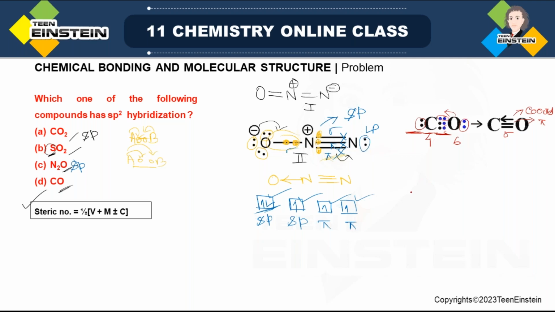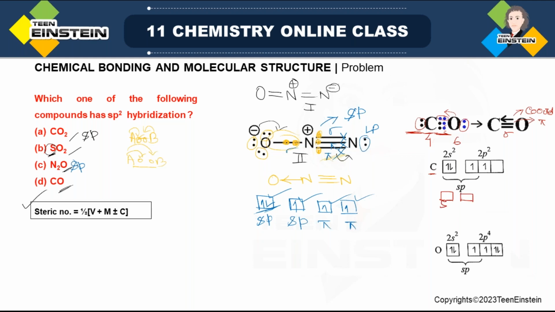Now if we want to know how the hybridization is taking place, then you can consider this diagram. Carbon, we know, has 4 valence electrons, 2s2, 2p2. But once sp hybridization takes place, this is one sp, this is another sp, this is a pure p orbital which is not part of hybridization, and then another pure p orbital.